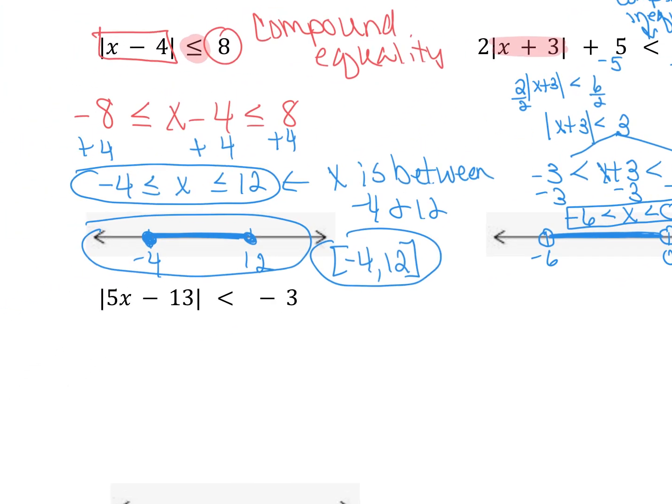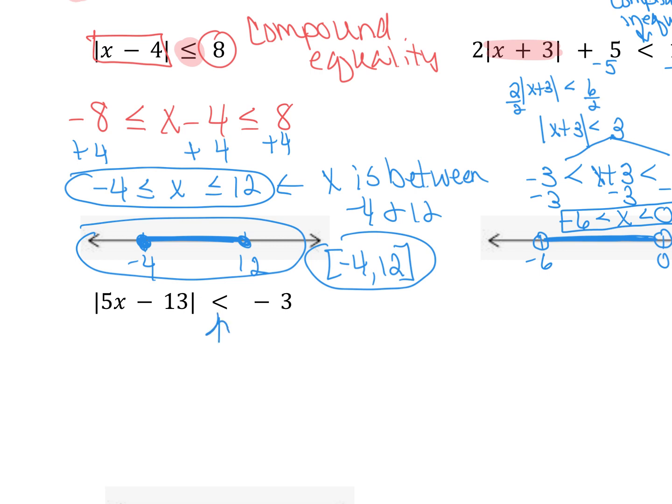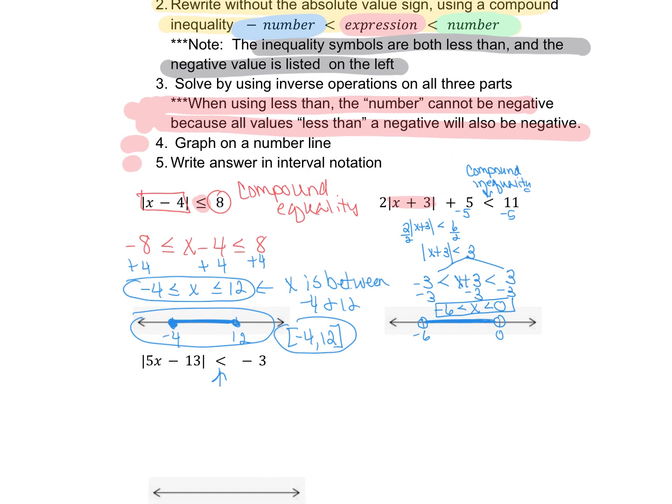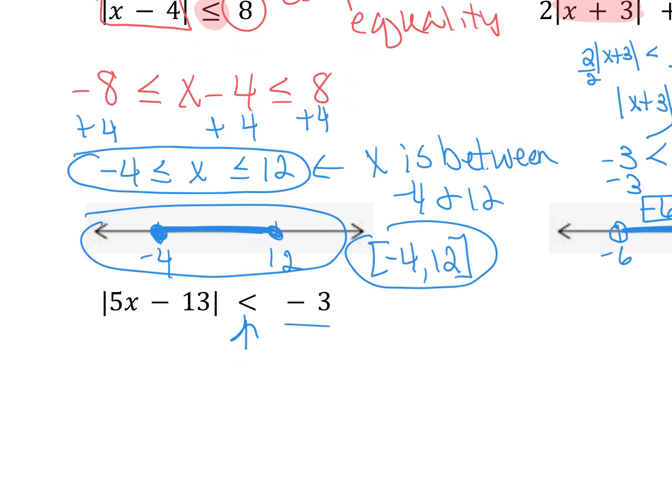Our last example, less than. So we know that if it's less than, we should be thinking compound inequality. However, if we look back up here, when using a less than, the number, in this case -3, cannot be negative, because any value that is less than -3 is also going to be negative, and the absolute value of that number cannot be negative, which means on this one there's going to be no solution.